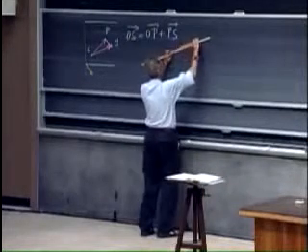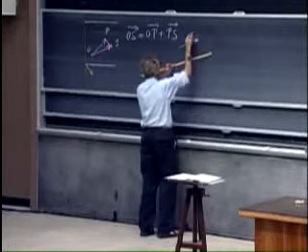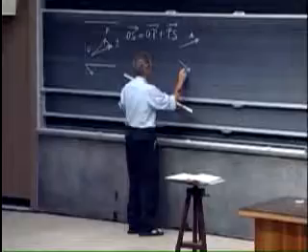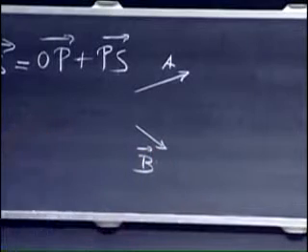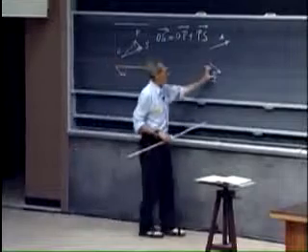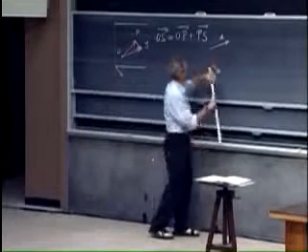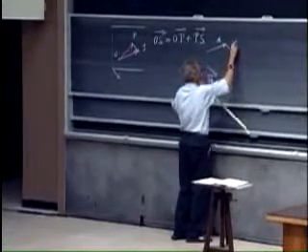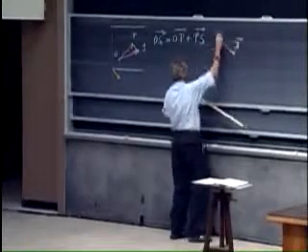There are various ways that you can add vectors. Suppose I have here a vector A, and I have here a vector B. Then you can do it this way, which I call the head-tail technique. I take B, and I bring it to the head of A. So this is B. This is a vector.